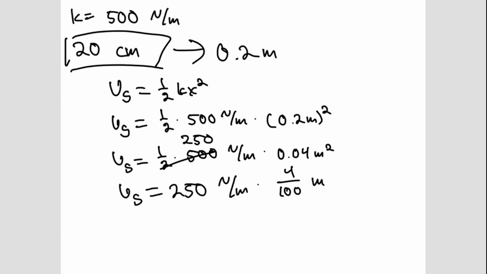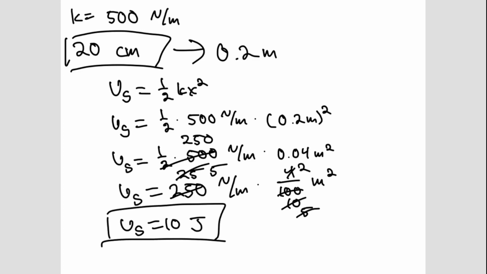This should make it so my brain can process this. 25 and 10, if that's 5 and 2, that cancels out, and that's 5. So it looks like our stored spring energy is just 10 joules. Yeah. Okay, now I feel like I have to check if it's 10 joules real quick.